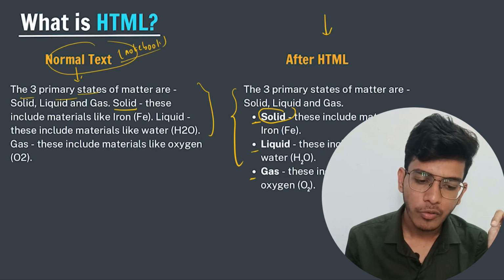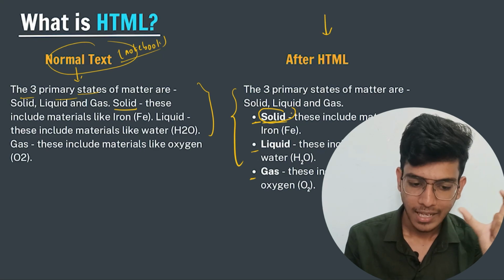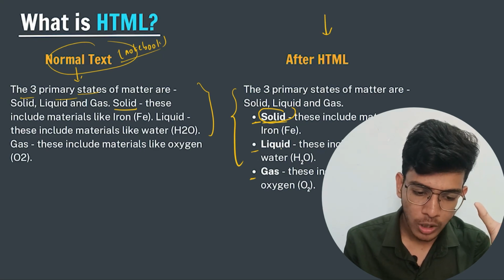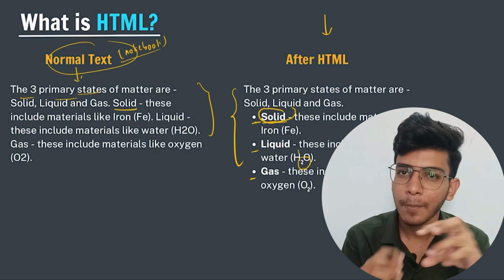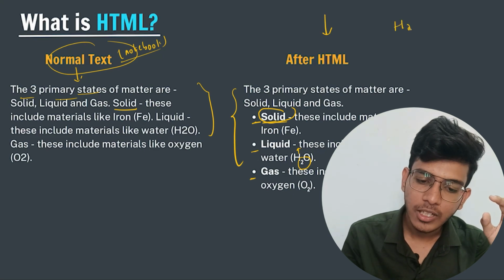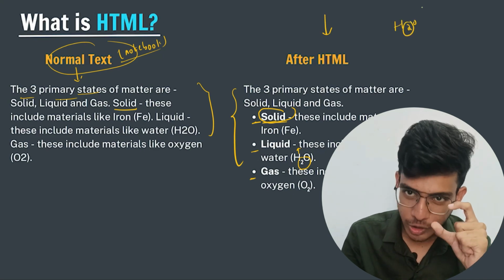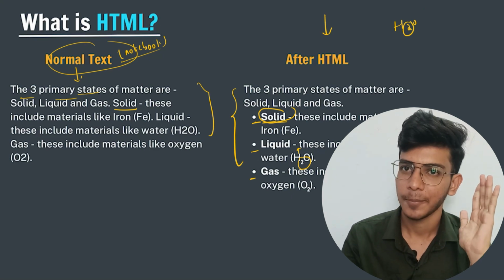But here, using HTML, we are defining some bold text. Along with bold text, we are also representing numbers like the 2 in H2O. In H2O you can see that the 2 is smaller, and this small 2 we can write using HTML.